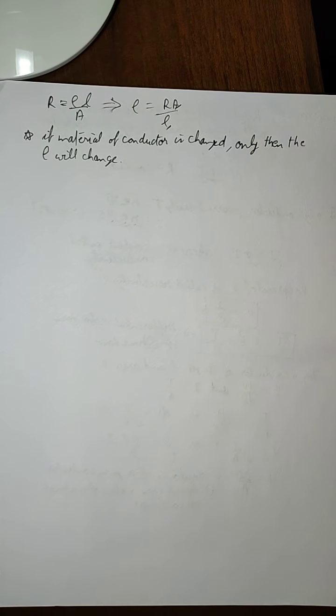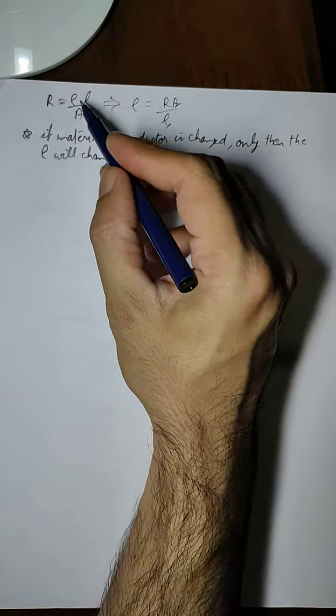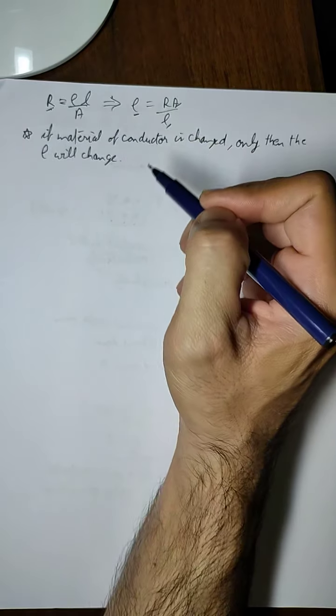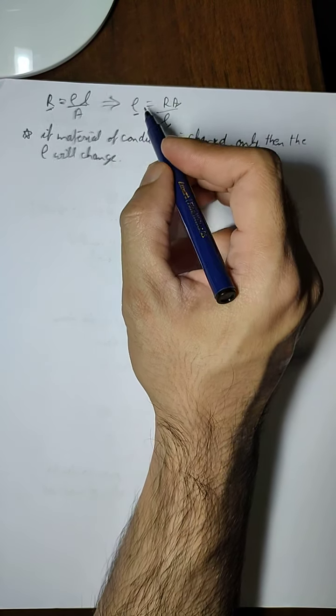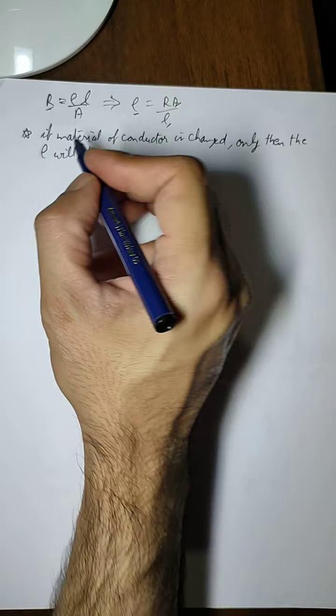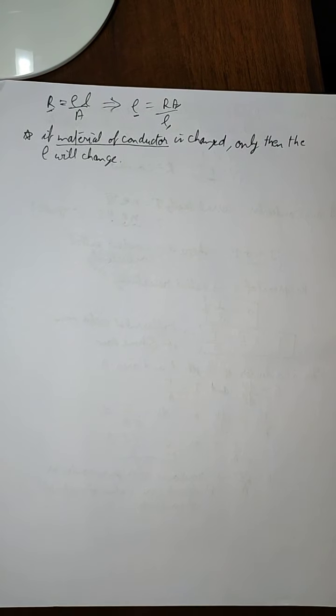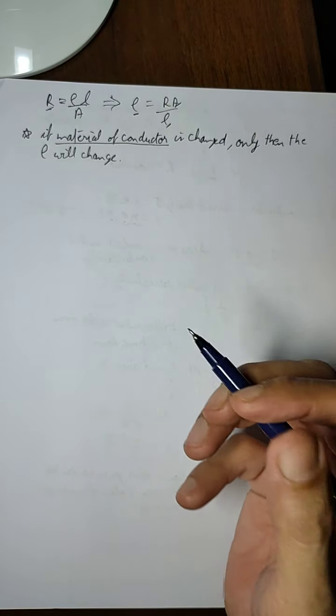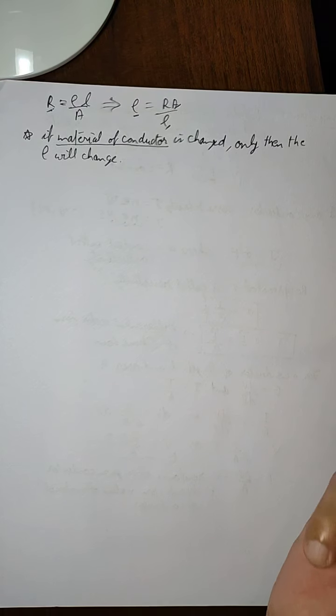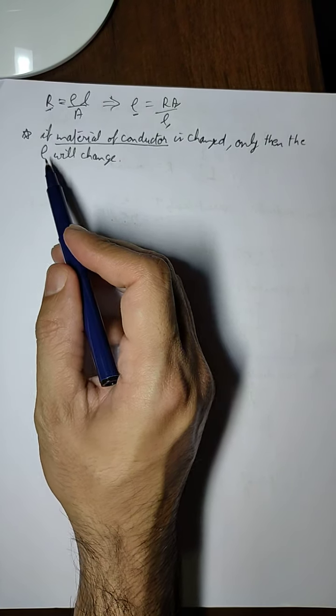If we take a conductor of length 2 meter and divide it into two equal parts of 1 meter each, that will change the resistance, but it will not change the resistivity of the conductor. Resistivity will change only if the material of the conductor is changed. So if we use aluminium wire instead of copper wire, then the resistivity will change.